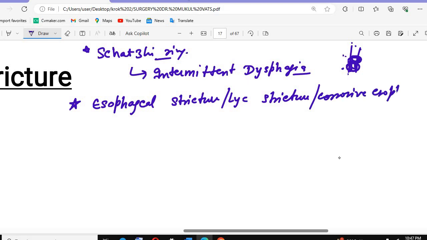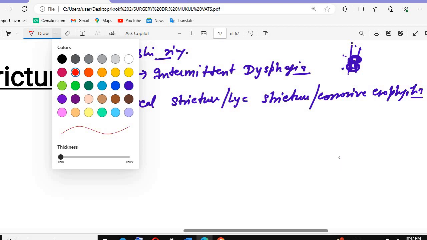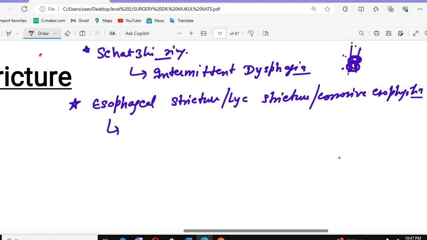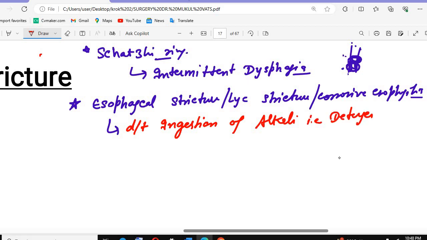Remember that whenever we ingest any caustic or alkali substance, like detergents, which are also alkali substances.